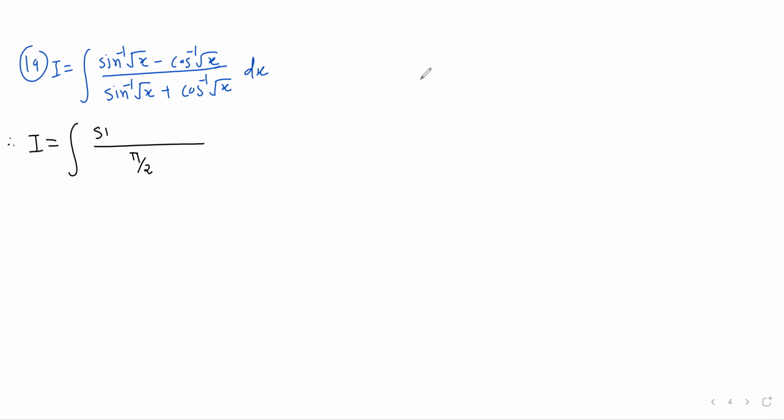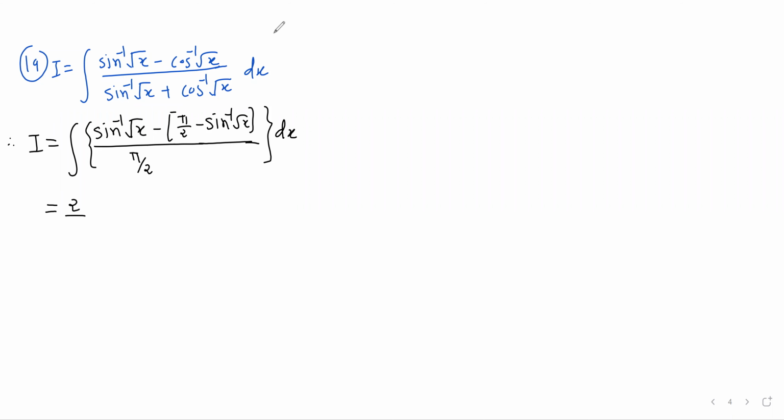So cos inverse root x, we can write it as pi by 2 minus sine inverse root x, dx. Now the whole term is converted into one form, which is sine inverse root x. Now pi by 2 is your constant term.